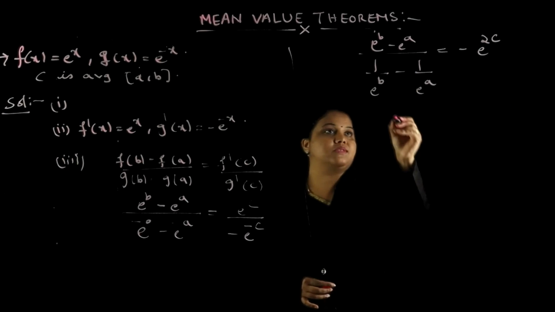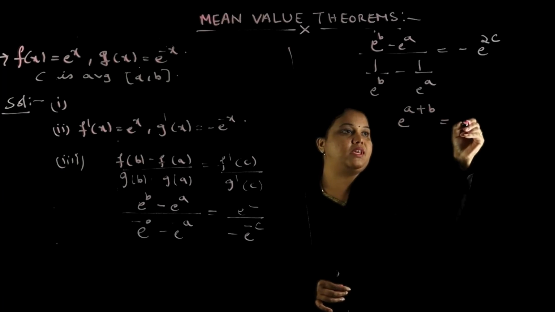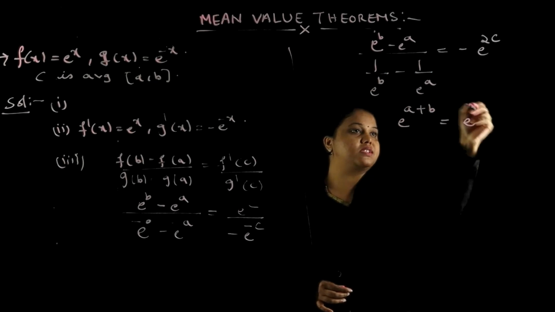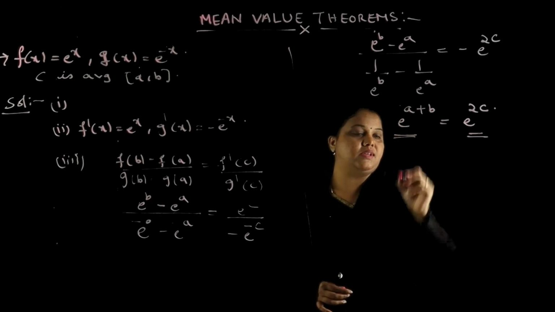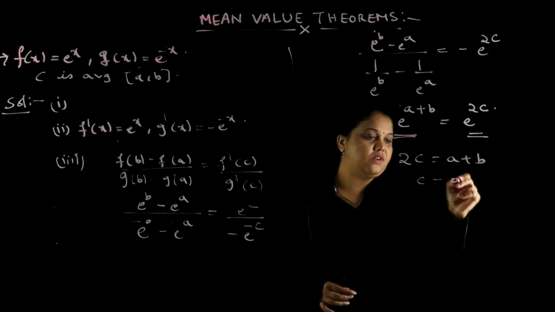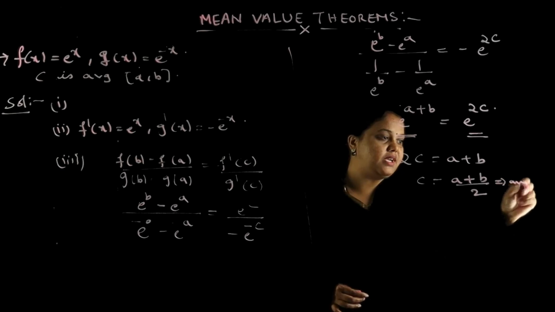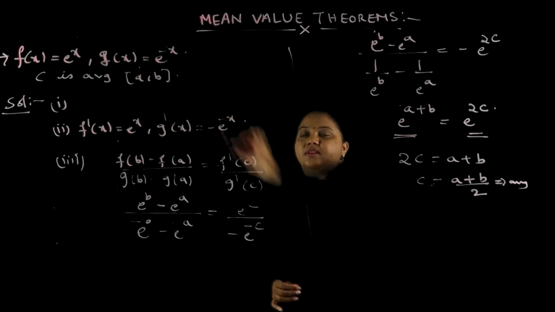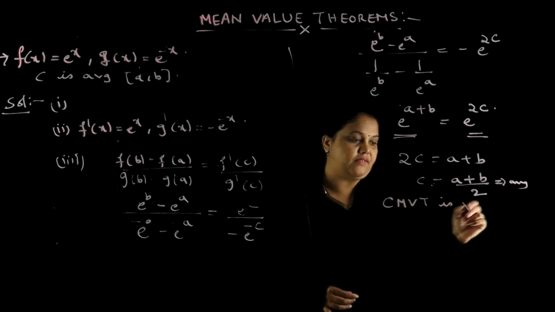So if I calculate this, we will be simply getting e power a plus b will be equal to, here also we will be getting a minus sign. If I take it to the top, here this will be equal to minus c. So as the bases are same, I can equate the powers. So this is 2c is equal to a plus b. So this value of c is equal to a plus b by 2. So this is nothing but the average value. Therefore we say that c also lies between a comma b. So this is Cauchy mean value theorem is verified.